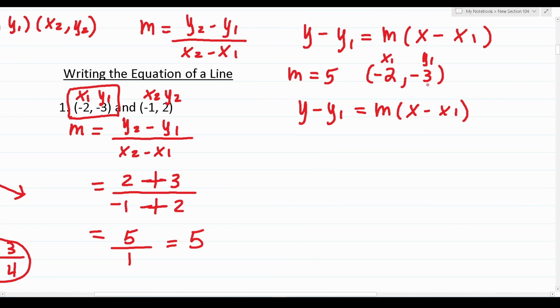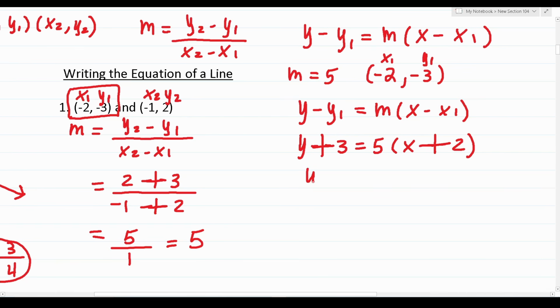What is y1? It's right there, it's negative 3, so this becomes y minus negative 3 equals m. It's right there, it's 5, times x minus, what is x1? It's right there, it's negative 2. Again, these double negatives become plus.